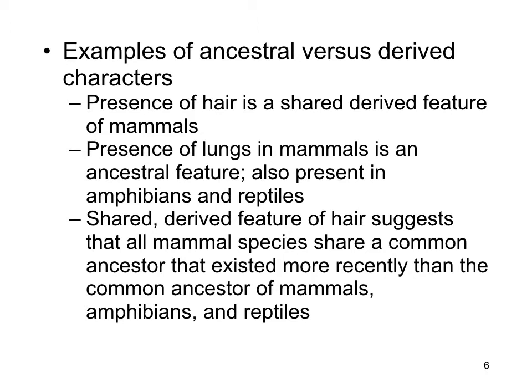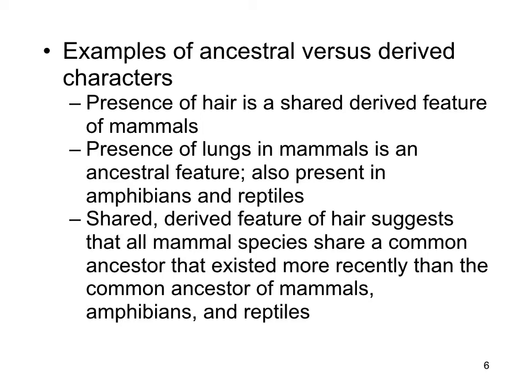A good example of these is in mammals: all mammals share hair. Anything that's not a mammal doesn't have hair. Mammals do share lungs, but that's an ancestral feature. It's not derived because you also see lungs in amphibians, reptiles, birds, and even some fish.